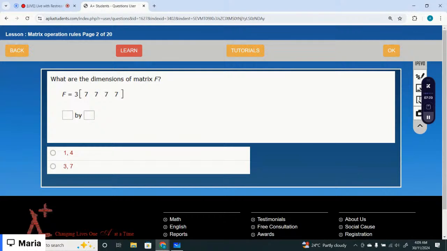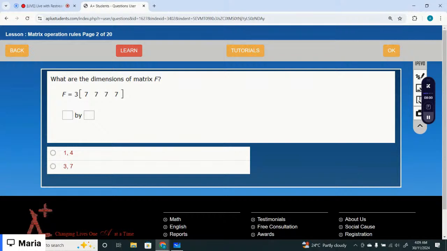What is the dimensions of matrix F? The matrix F is multiplied by 3, which is just a number that is going to be multiplied with the matrix, right?